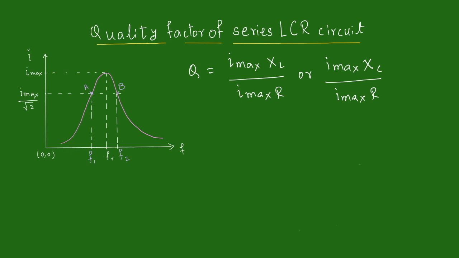Similarly, V_C maximum is the voltage across the capacitor at resonance, and hence this Q is also equal to XL upon R at resonance, or it is equal to Xc upon R at resonance.